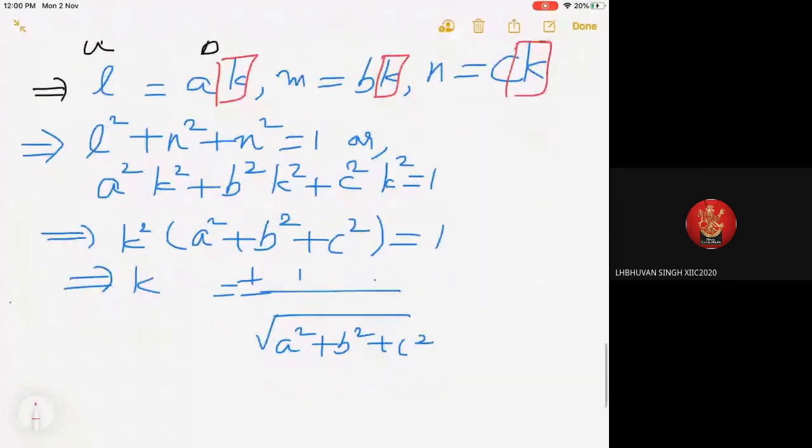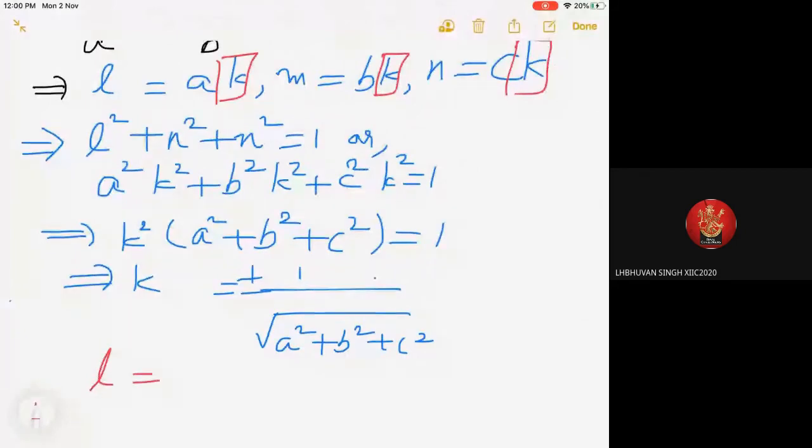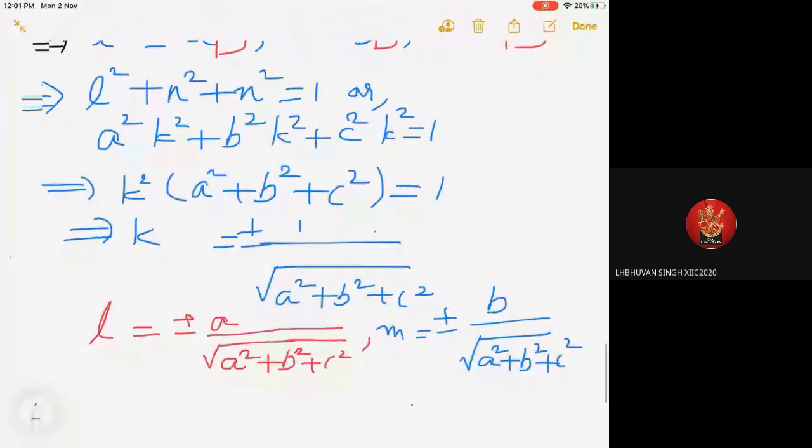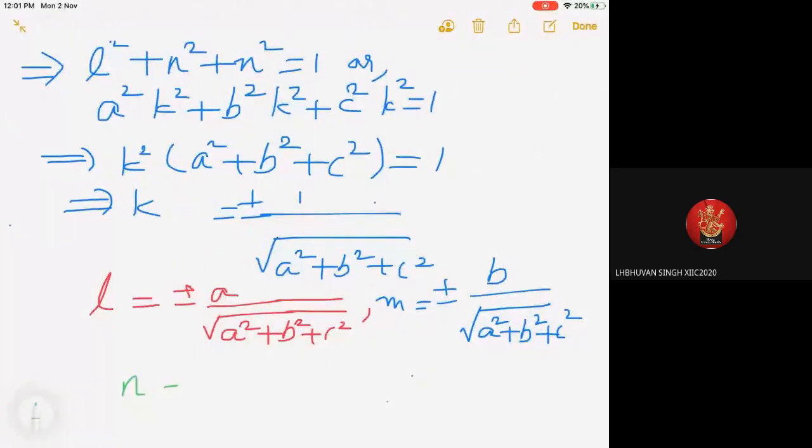L equal to plus or minus A by root of A square plus B square plus C square, and you get M equal to plus or minus B by root of A square plus B square plus C square, and the last one N equal to plus or minus C by root of A square plus B square plus C square.